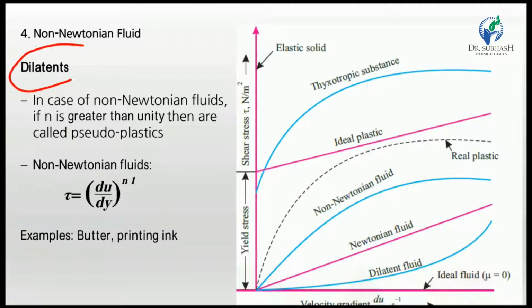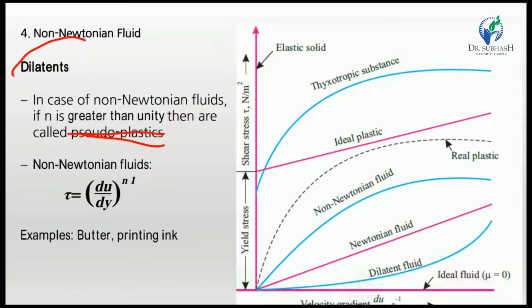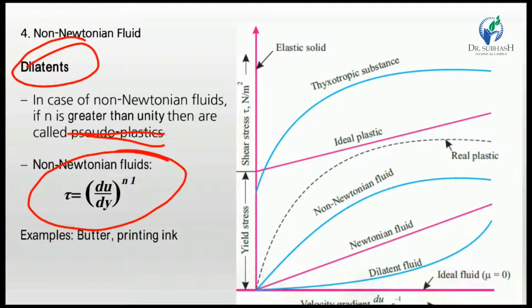Now dilatant. In the case of a non-Newtonian fluid, if the value of n is greater than unity, then the fluid is called dilatant. Okay. And the non-Newtonian fluids obey this equation: shear stress is equal to (du/dy) to the power n, and the value of n is greater than 1.